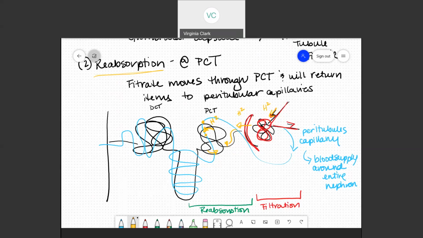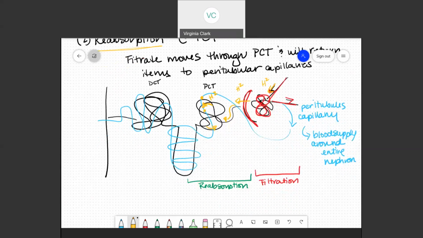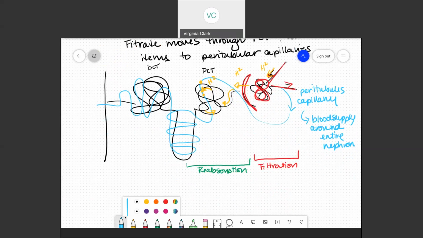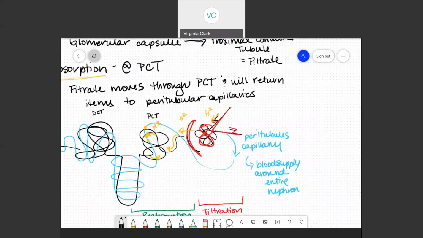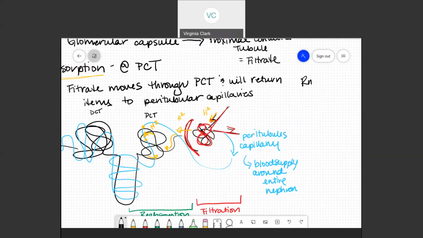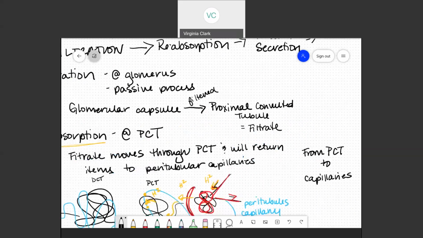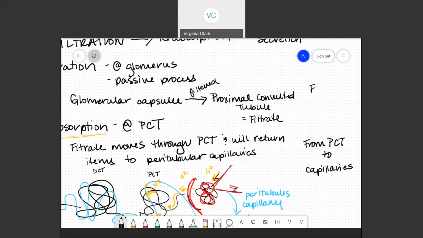So reabsorption is from the tubes, from the PCT, to the capillaries. You are going back into the blood supply, whereas filtration was coming from capillaries to the nephron.